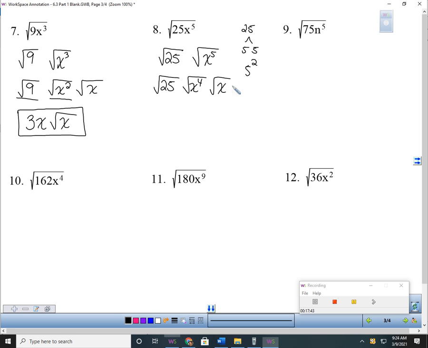Just 1, right? And remember, we always want to make sure that that power left over underneath is smaller than the 2. So the square root of 25 is 5, and the square root of x to the 4th is x to the 2nd. And then you've got your square root of x.